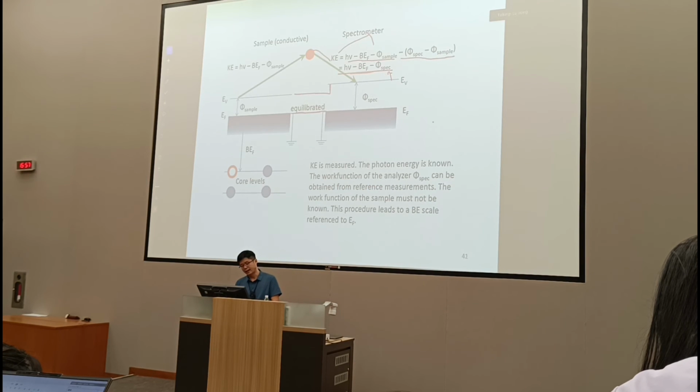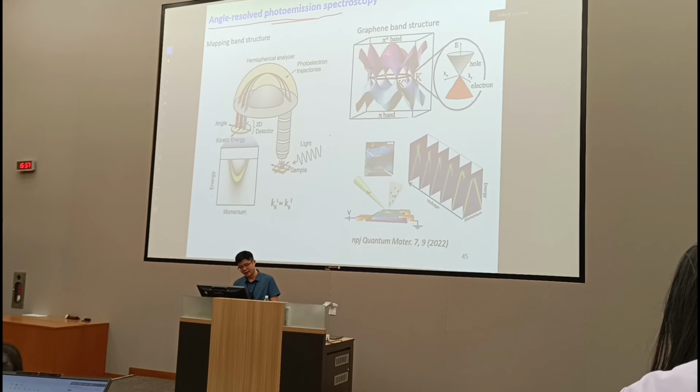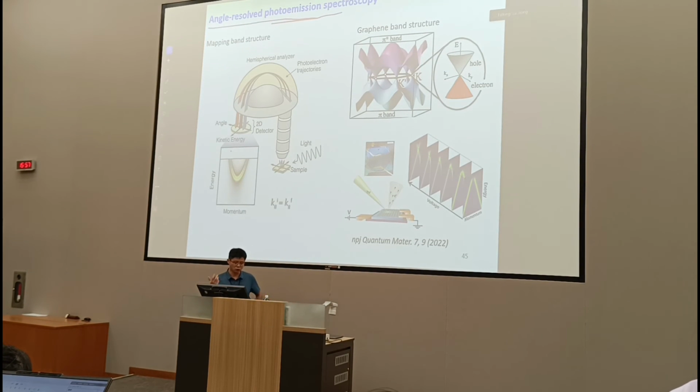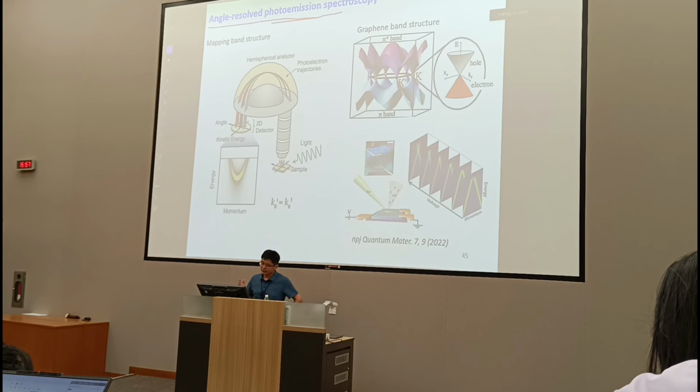So angle-resolved photoemission spectroscopy, so-called ARPES, is able to use low energy photons like UV to excite the valence electrons. Once the electron is excited into an analyzer, in the XPS case we mainly analyze the energy.